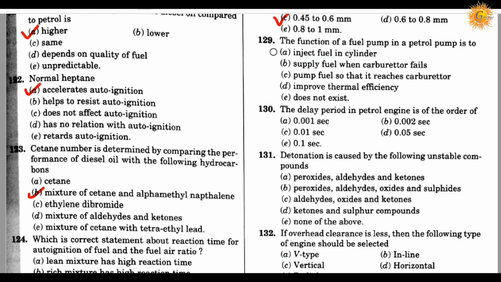Question number 129. The function of a fuel pump in a petrol engine is to: option A, inject fuel in cylinder; option B, supply fuel when carburetor fails; option C, pump fuel so that it reaches carburetor; option D, improve thermal efficiency; option E, does not exist.